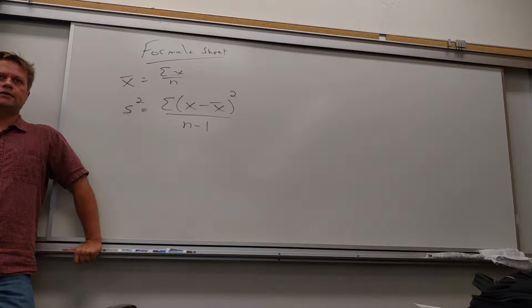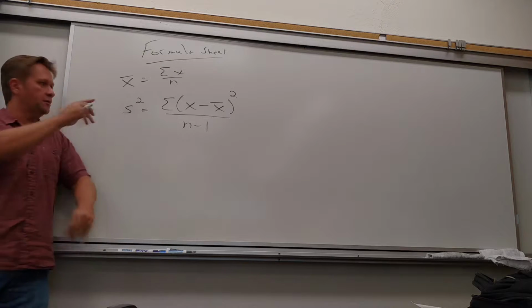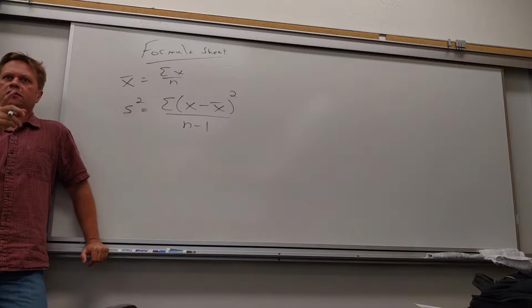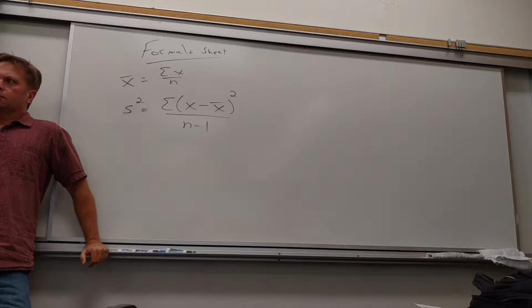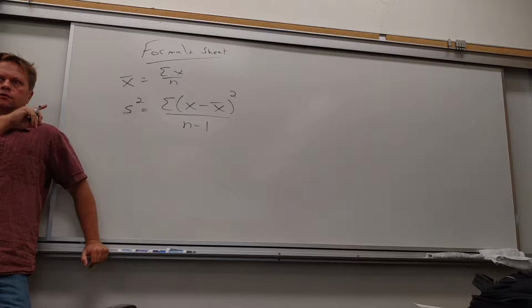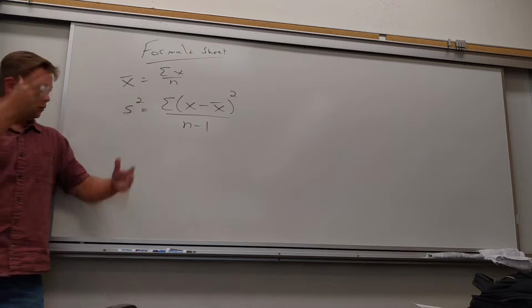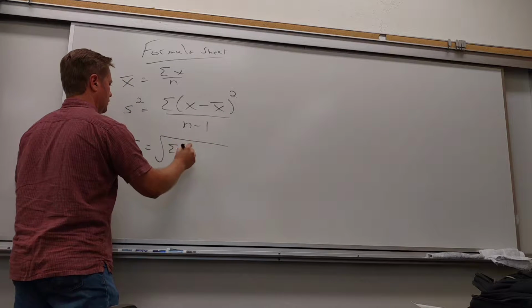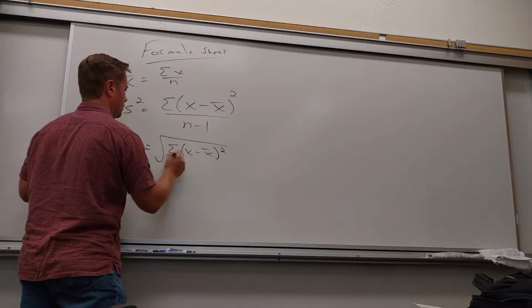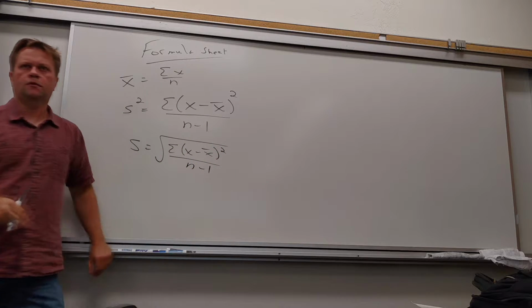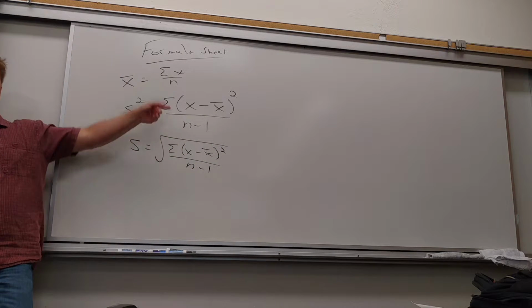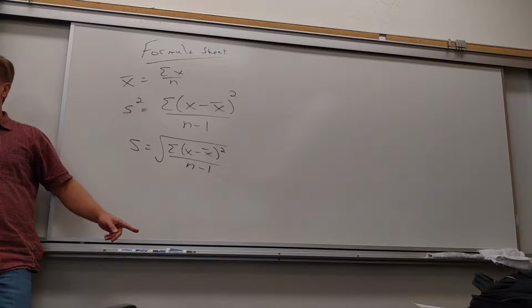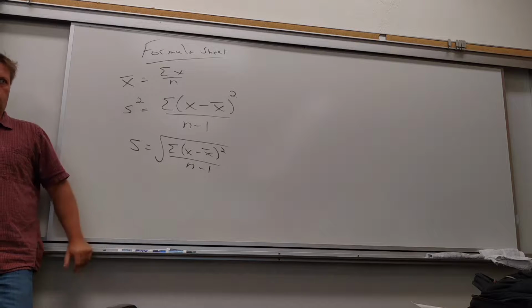And of course, that's the variance. So for example, you can't put the word variance here. It's a formula sheet, not a word sheet. So what do you have to do to get the standard deviation? Square root it. So if you wanted to, you could put S equals square root. Or don't, because it's really the same thing.